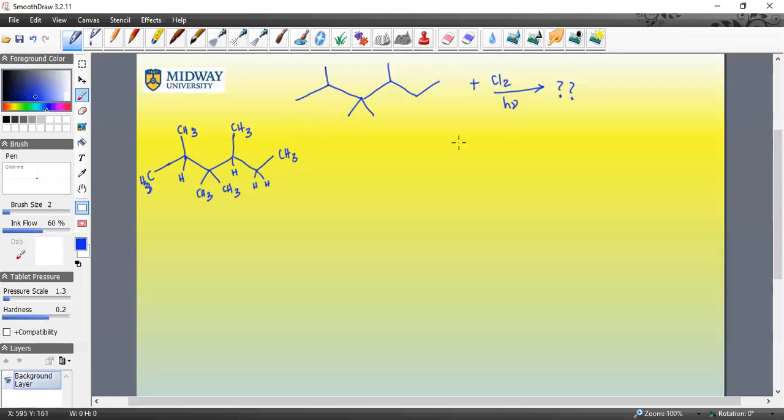Now, what is our stability sequence? Let's write that down. The stability sequence is: a tertiary free radical, which I'll call FR, is more stable than a secondary free radical, which is greater than a primary free radical, which is in turn more stable than a methyl free radical.